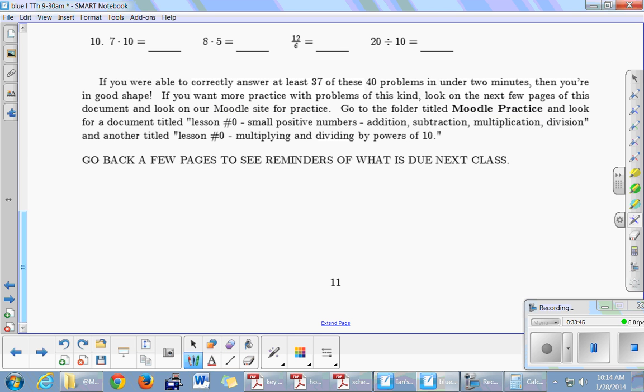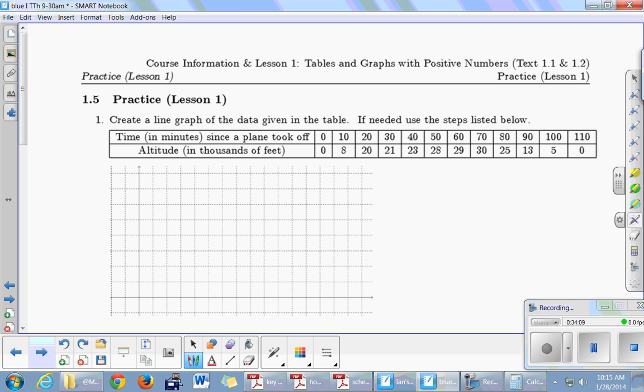There are a couple that I want to highlight for practice on arithmetic: something about small positive numbers, something else about multiplying and dividing by powers of 10. And there's lots of other practice in that folder too. So if you didn't do so hot on this, check this out. Come talk to me. I'll give you more practice. We want to make sure that you are okay with the arithmetic so that you can have a chance at being good at the algebra.